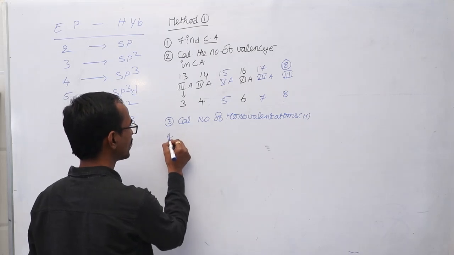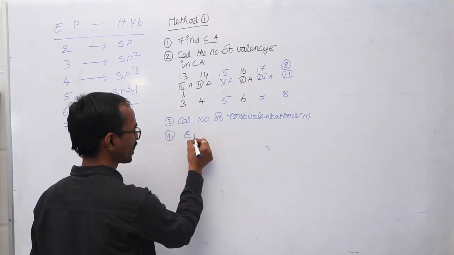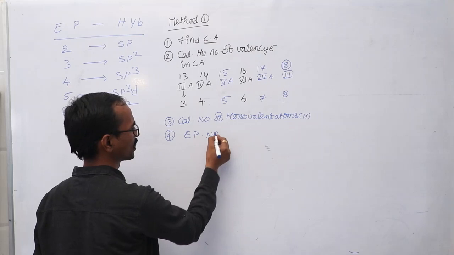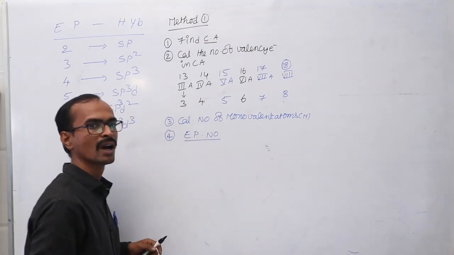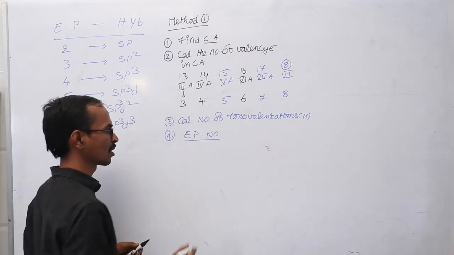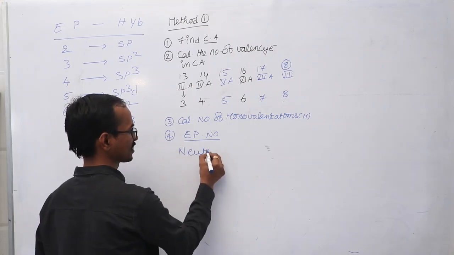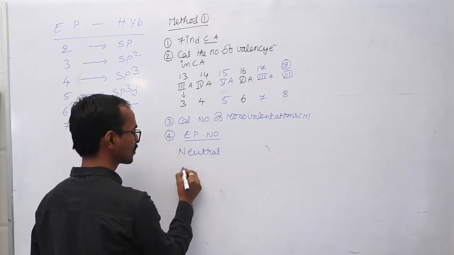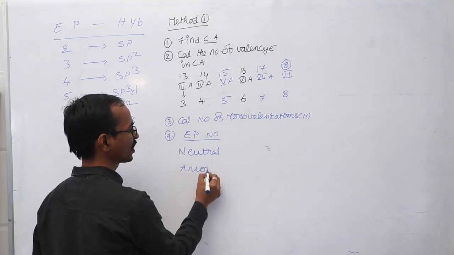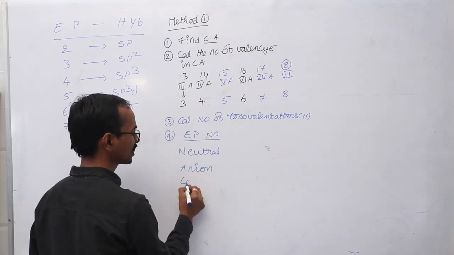And after that, you have to calculate the electron pair number. How to calculate the electron pair number? Here you have three different formulas: for a neutral atom, for an anion, and for a cation.